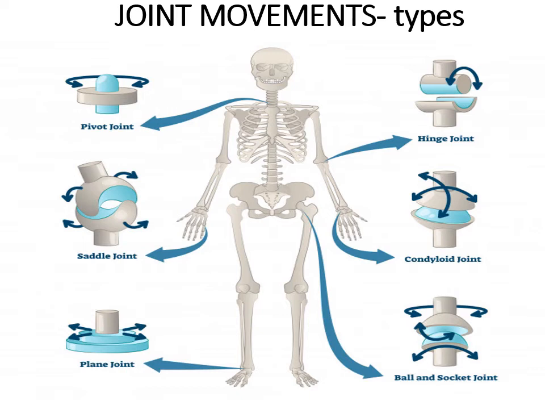It extends, it flexes, it deviates to each side. If you look at the term, it's a condyloid joint. Does that make sense in terms of the word? Not really. But these are the terms that are used for different joints around the body.